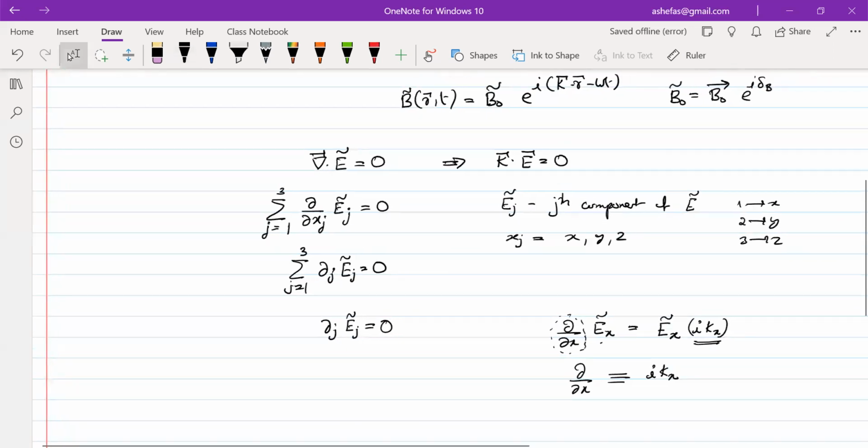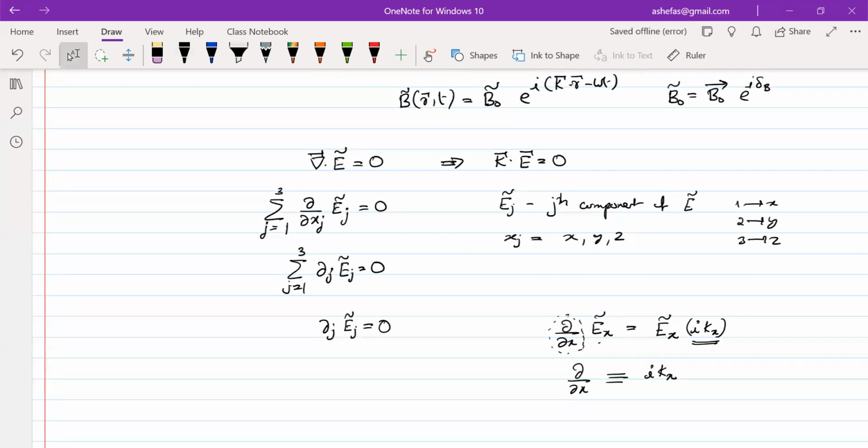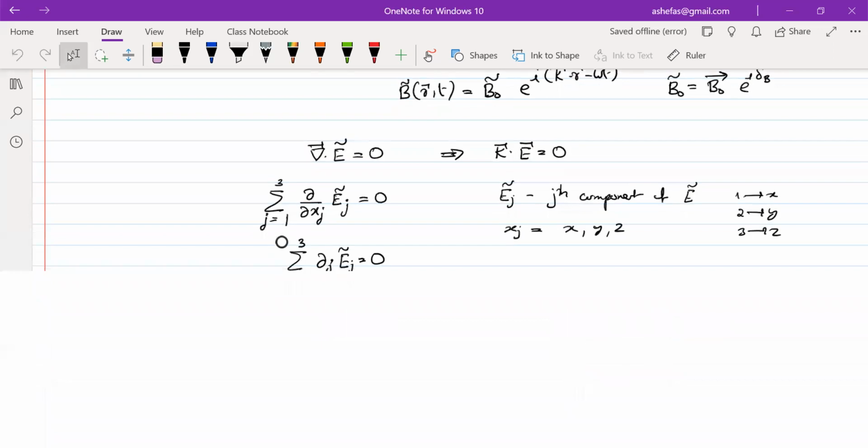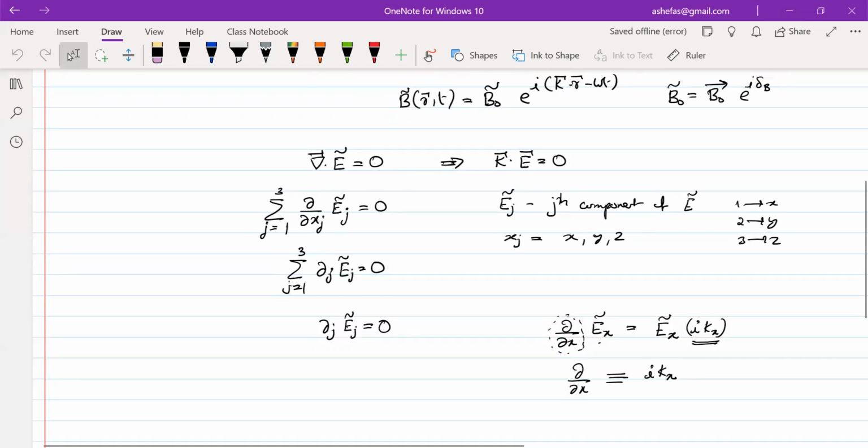So the effect of the derivative operator on the complex electric field is equivalent to multiplication of the electric field with i times that corresponding component of the k vector. So if you are differentiating with respect to x, you have to multiply with the x component of k.